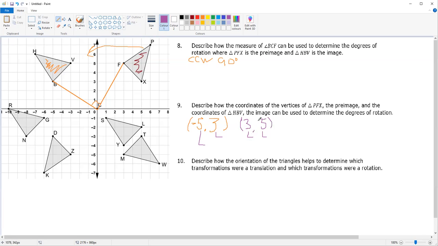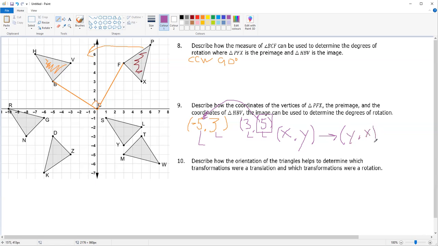So the y value, which was the initial one for the point B, became the x value right there, and the x value became the y value for the image. A better way to say that is that you have the algebraic expression (x, y), and that would yield (y, x).